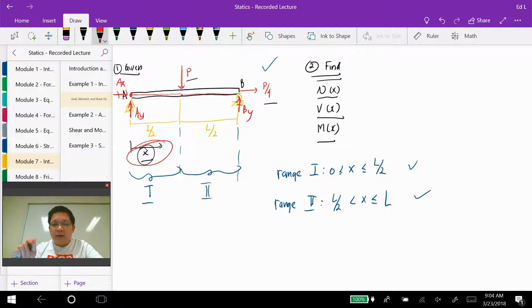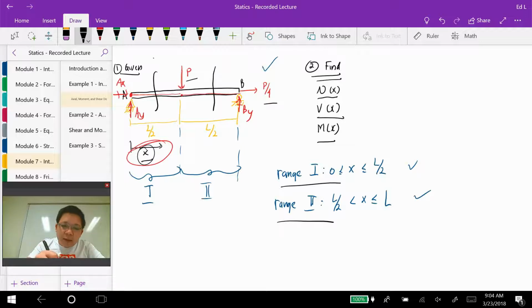The ranges are determined based on the discontinuities that are introduced by the applied loads or by the reactional supports. After figuring out the ranges, we will make a cut somewhere in range 1 and then somewhere in range 2, so cut 1 and cut 2.